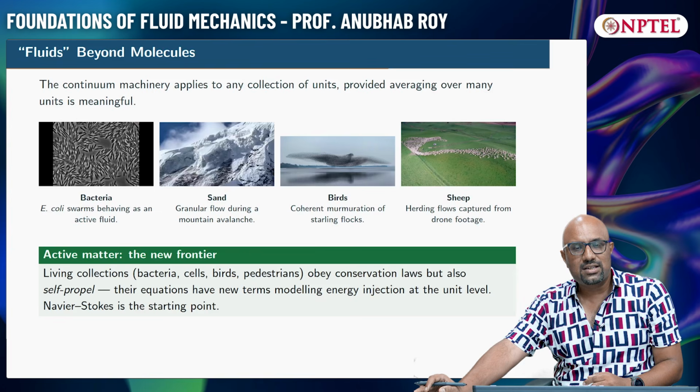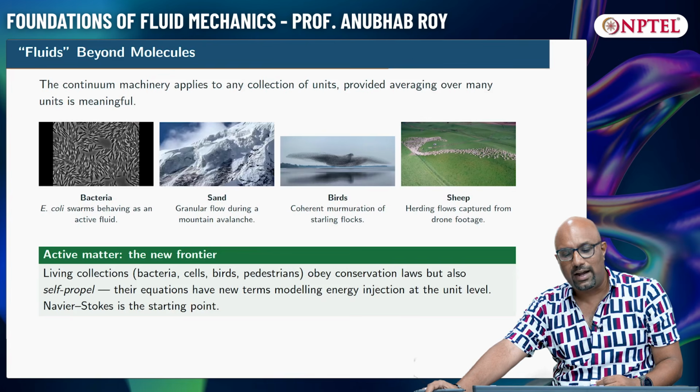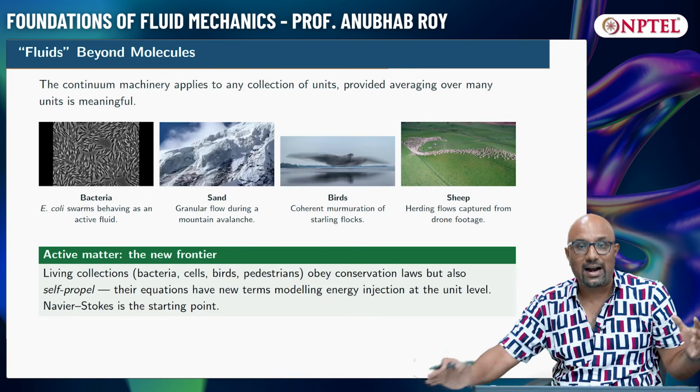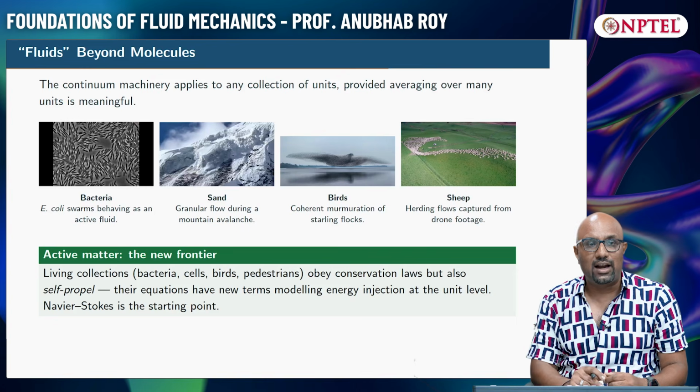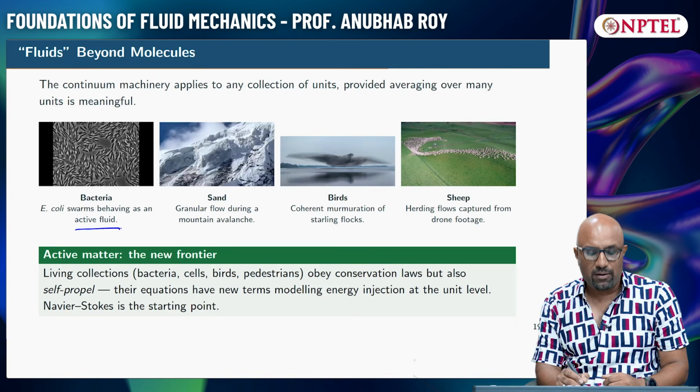Now, as I promised in the beginning, this all can be applied. The machinery that we are learning can be applied to any collection of units, provided averaging over many units is meaningful. You can talk about bacteria swarming, individual bacteria trying to create a collective motion. That's what is commonly known as active fluid.